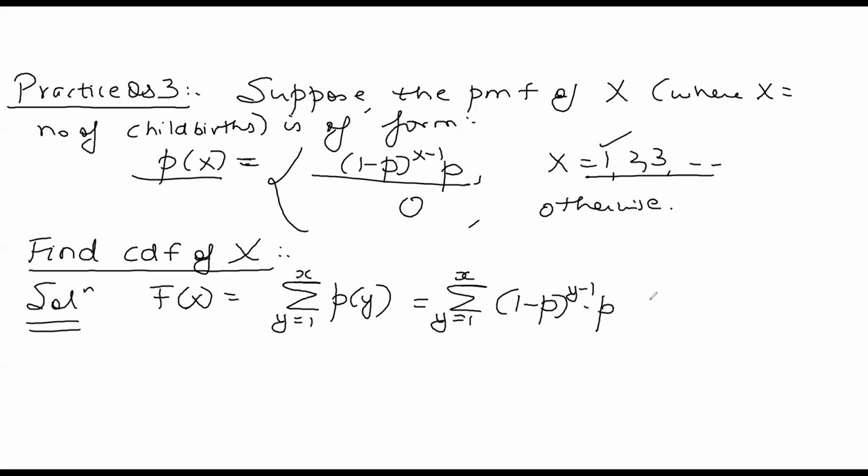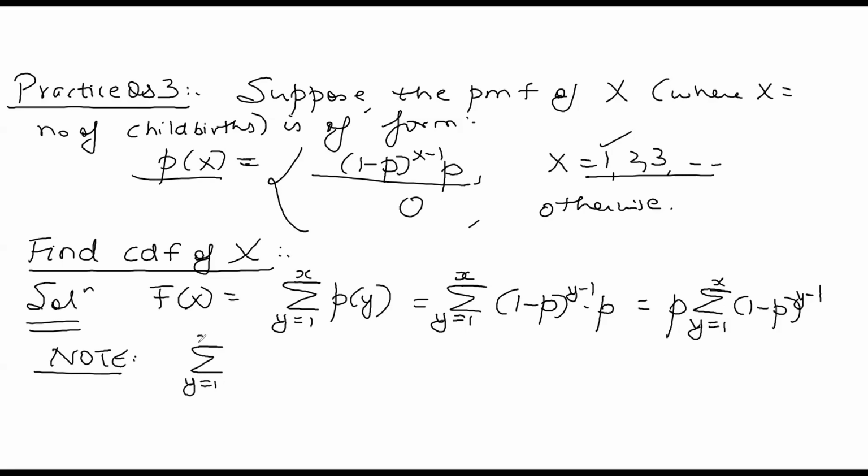which I can write as, now p is a constant, so p into summation as y goes on from 1 to x, (1 minus p) to the power y minus 1. Now guys, understand this. If I take summation as y goes on from 1 to x, (1 minus p) to the power y minus 1, you will observe that this is exactly equal to, as y goes on from 0 to x minus 1, (1 minus p) to the power y.